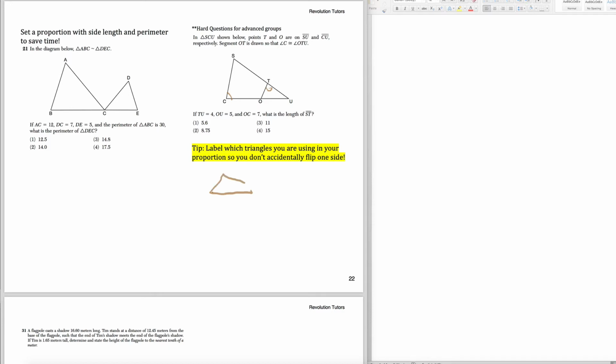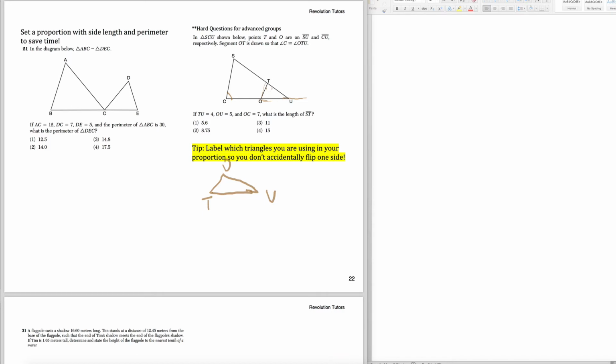So I would copy a replica where this T is down here, and then that O would be up there. And then this would be U. I actually reflected it over that. You see what I did? I took this guy out and I reflected him over this. So now that you have it drawn out like this, it'll be a cakewalk. But if you tried to do it in there, I promise it would be so hard.